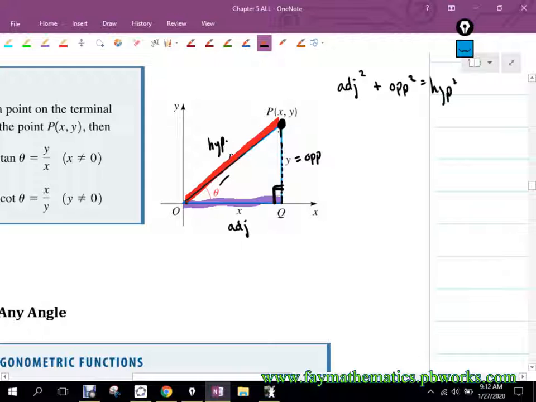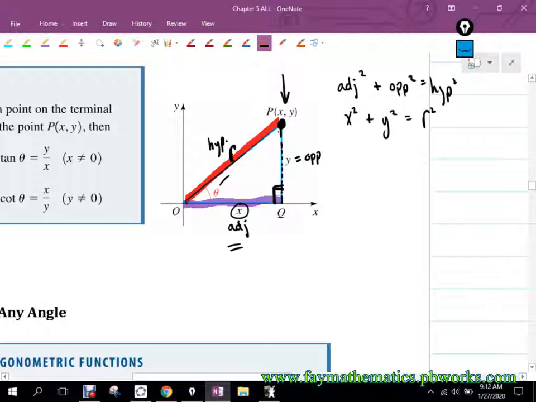Well, can I rewrite so the adjacent side is the x value of that point? To get to that point, I got to travel over x units and then up y units, right? So the adjacent side is x. The opposite side is y. The hypotenuse, we're redefining it as the letter r. We'll talk about that here in a moment.